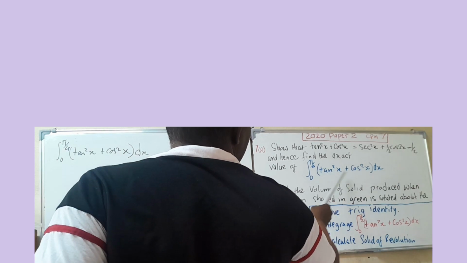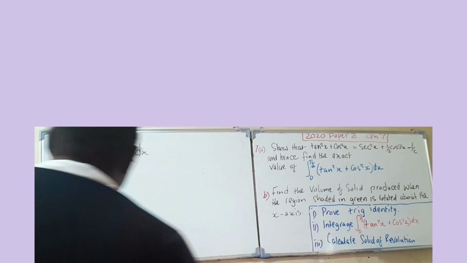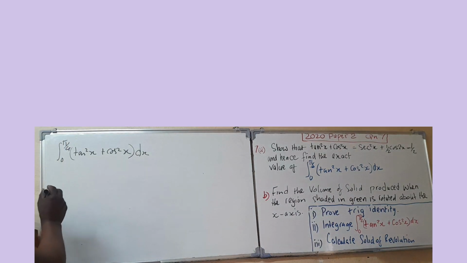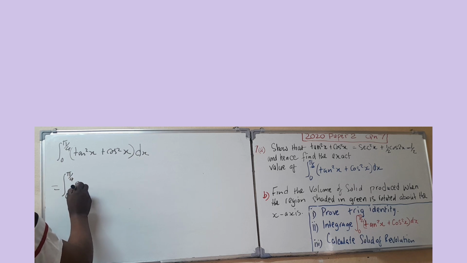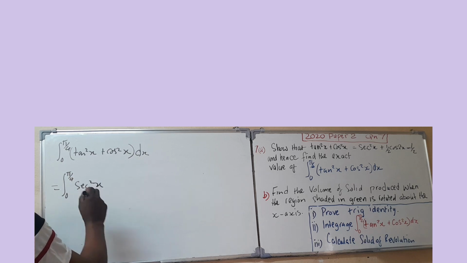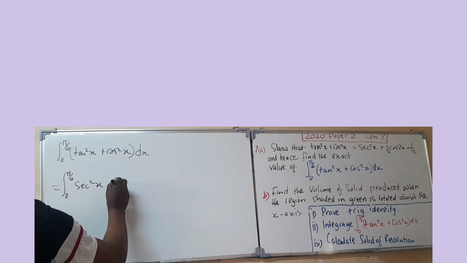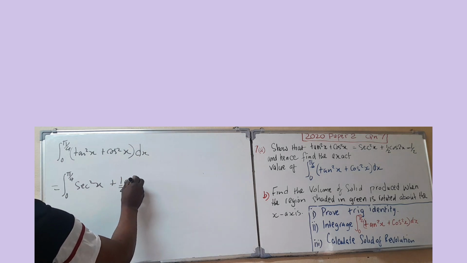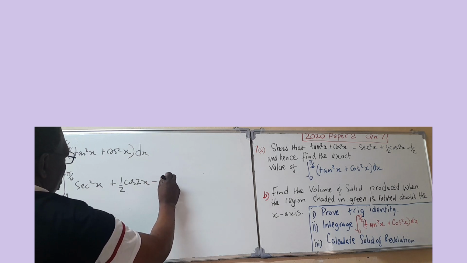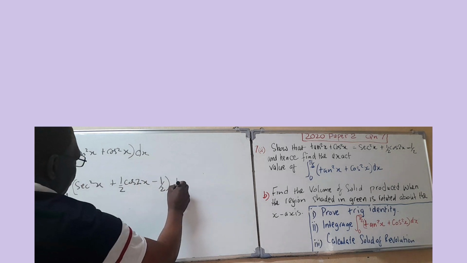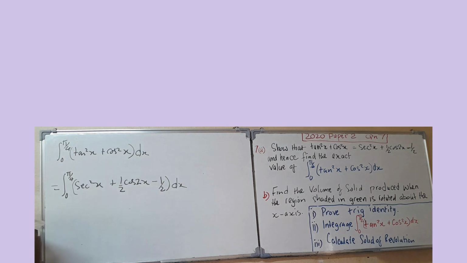So we can replace this with that in the integral and write this is equal to the integral from 0 up to pi over 4 of sec squared x plus half of cos of 2x minus a half, all with respect to x.